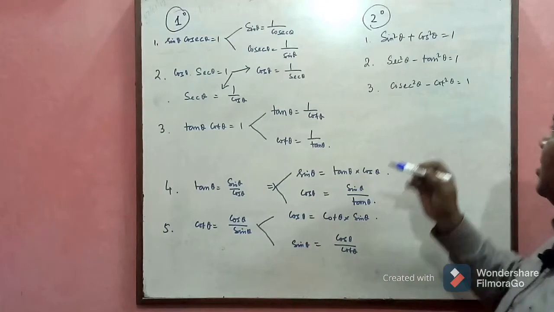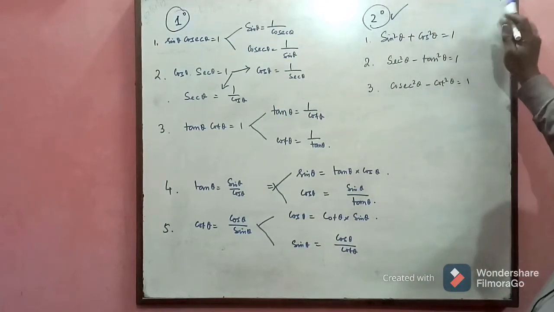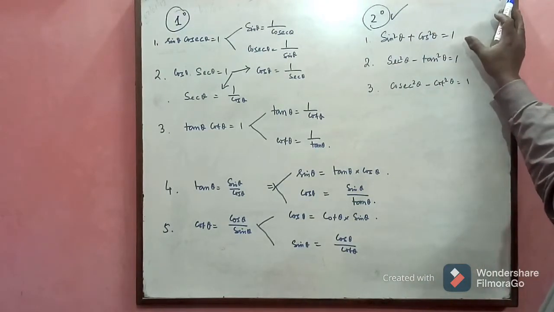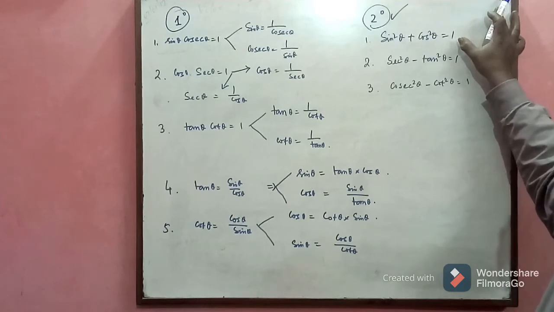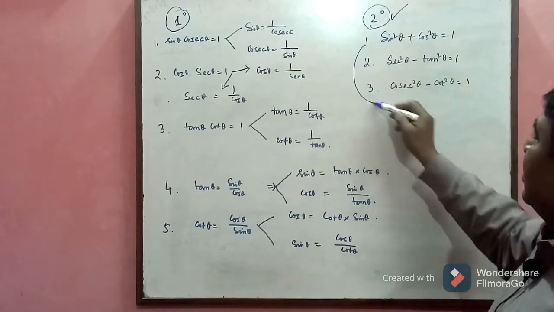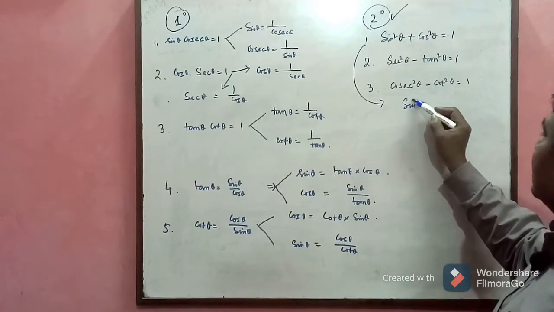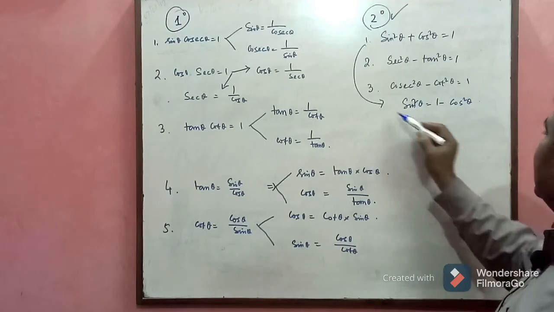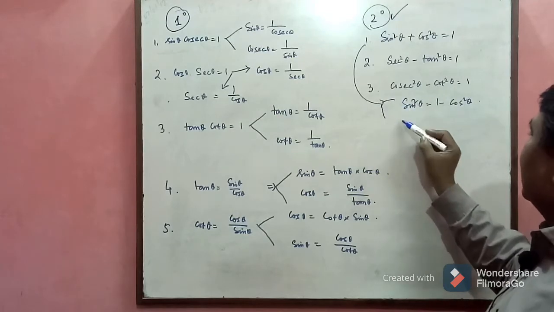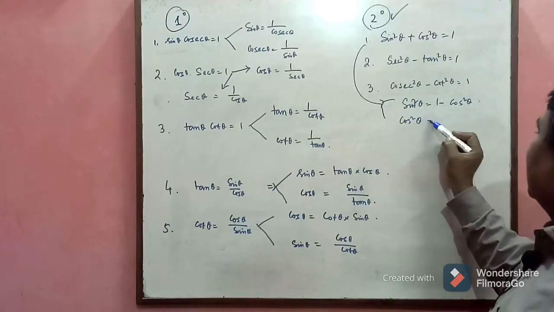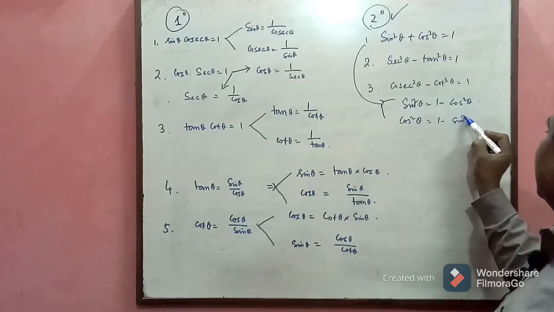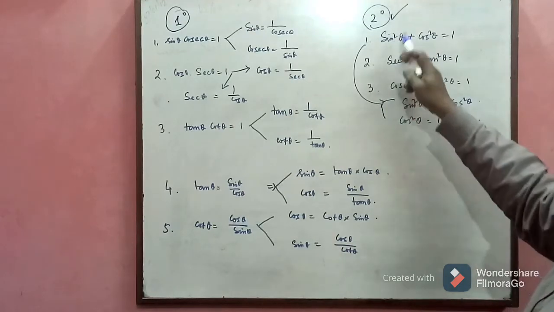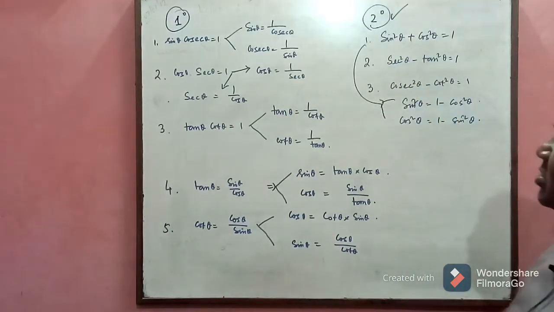That means if it is in square, we can convert sin square into 1 minus cos square theta. Sin square theta is equal to 1 minus cos square theta. Similarly, cos square theta is equal to 1 minus sin square theta. This way we can write these 2 other formulas also.